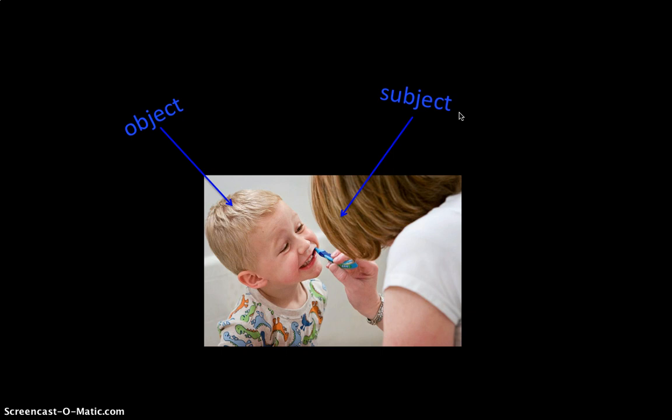So the subject and object are not the same, and so it is not reflexive. Does that make sense? I hope so. The action is not reflecting back on the mother. There's not one person who is both doing the verb and receiving the verb. It is not reflexive. Okay?